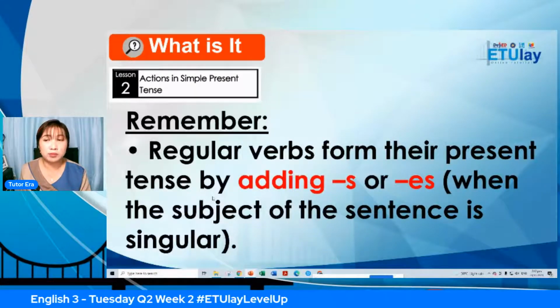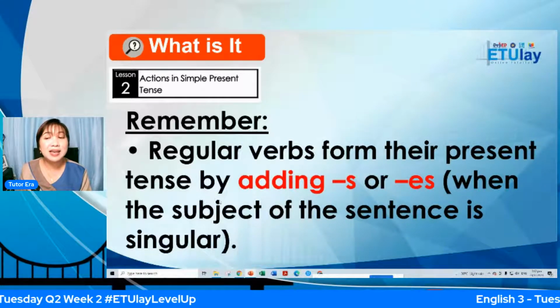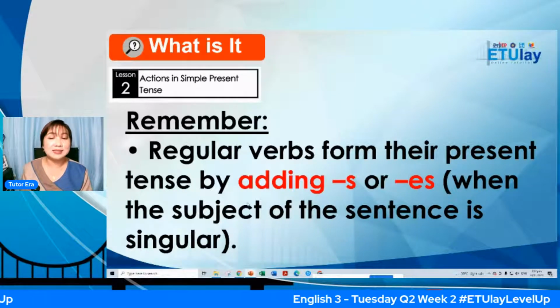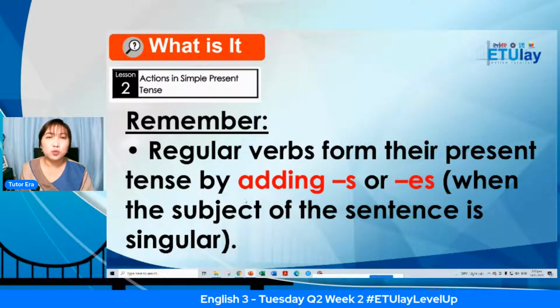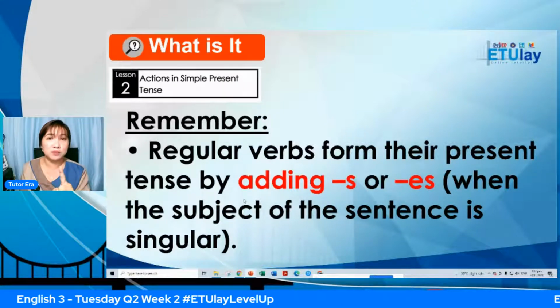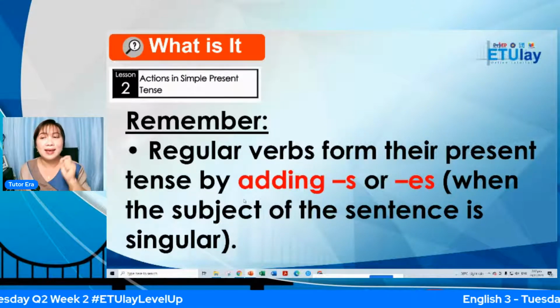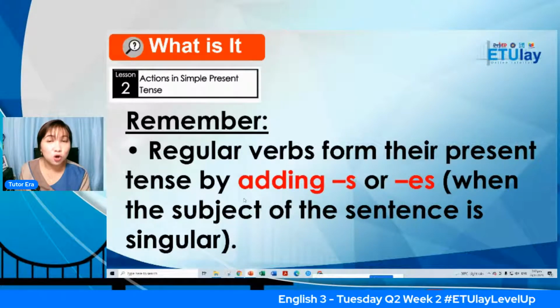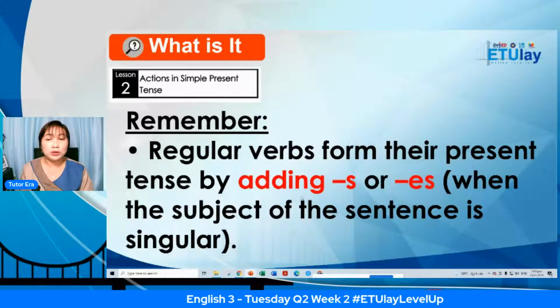Regular verbs form their present tense by adding s or es when the subject of the sentence is singular. So we have to consider two things: the subject of the verb, if it is singular or plural, and the adding of s or es.